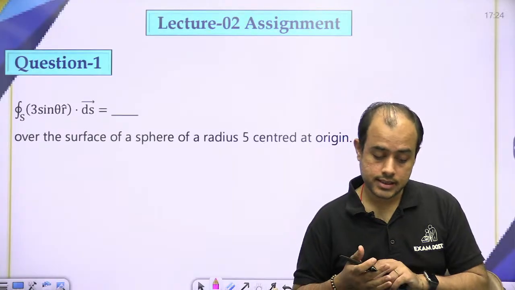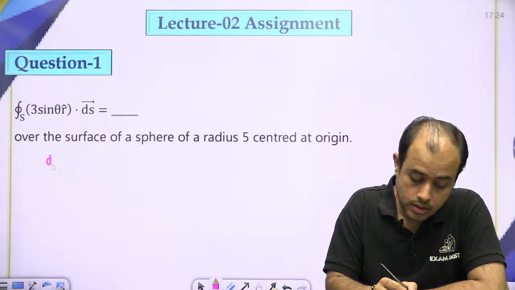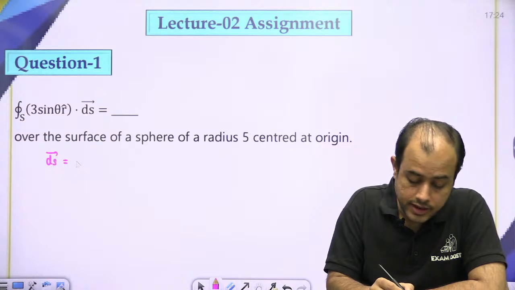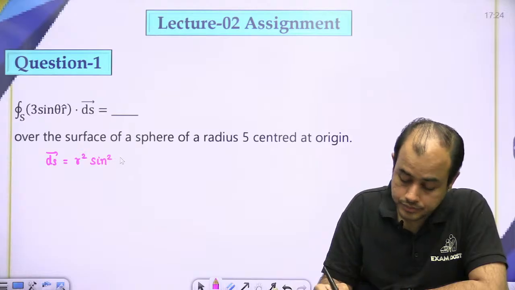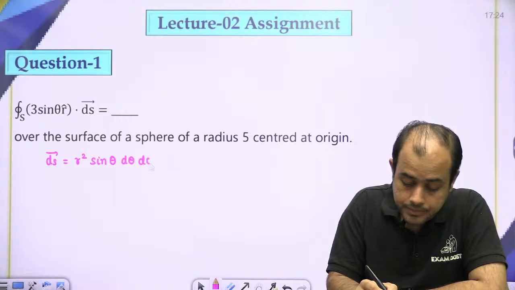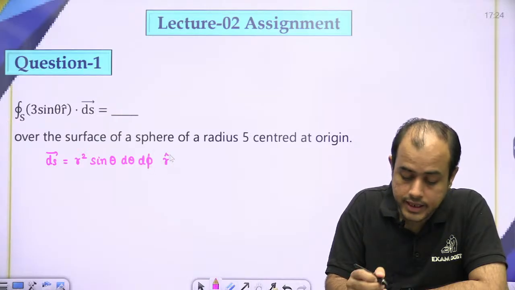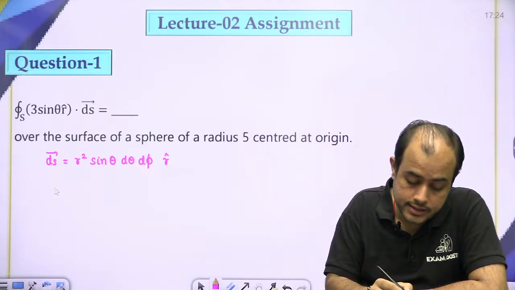Yes, over the surface I need this surface integration. Now ds vector I will choose as r cap, because the direction of the vector field is r cap.